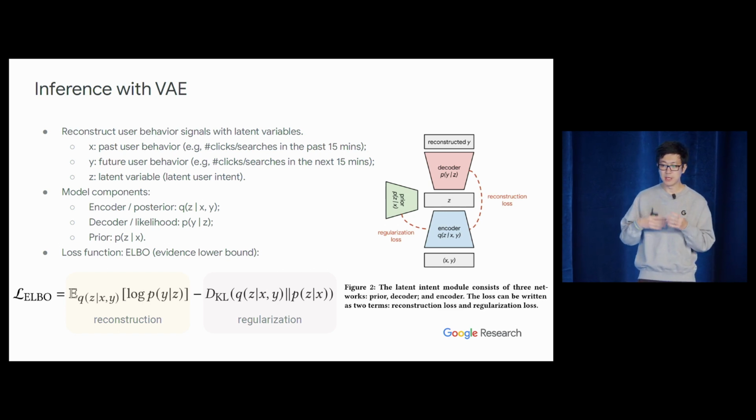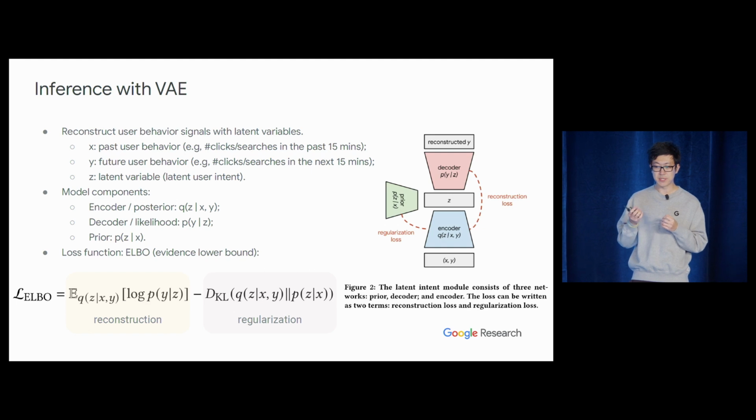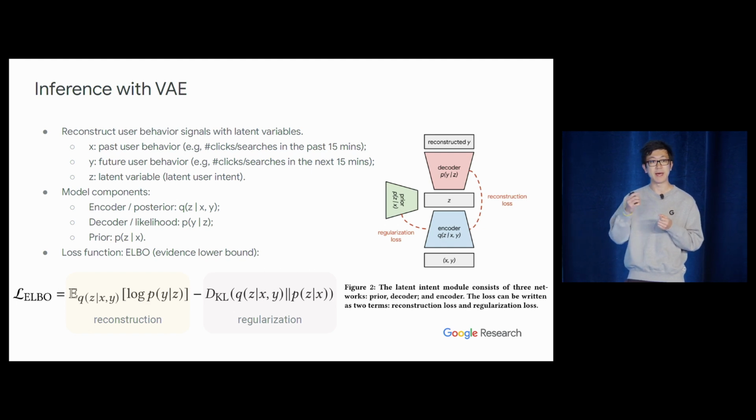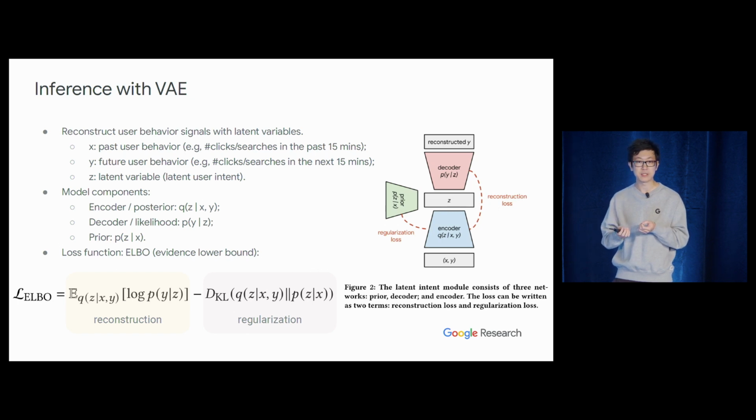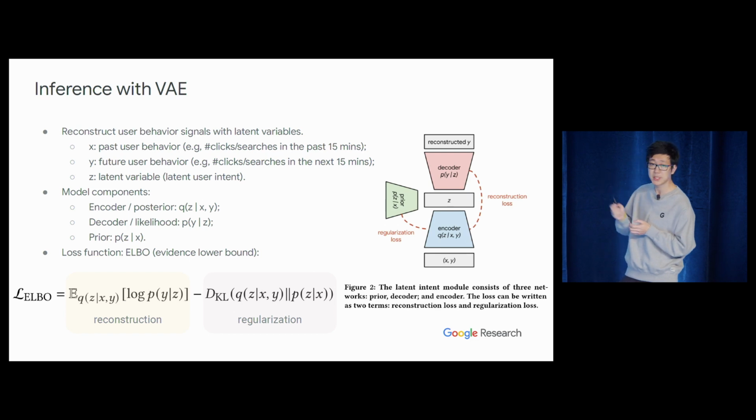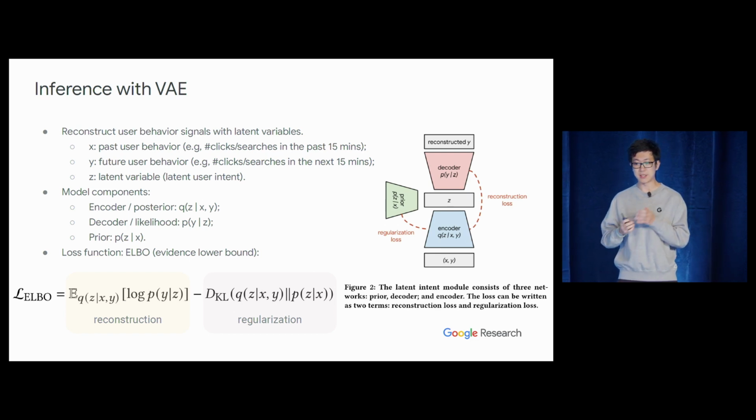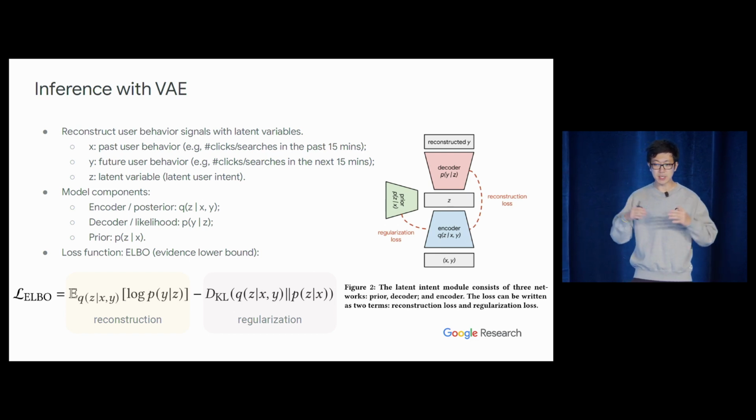So if the model performs well enough, this reconstructed future behavior should be as close as possible to the true future behavior. So that's what we call the reconstruction loss. That's essentially the first term in the loss function here. So it's essentially saying that using an encoder-decoder architecture, we can truthfully reconstruct users' future behavior. So that's one component of the loss function.